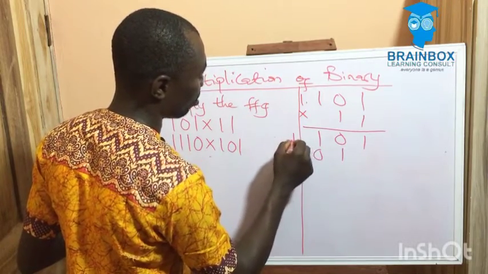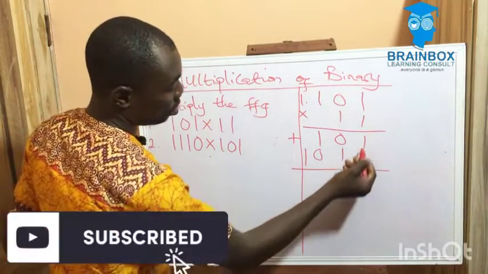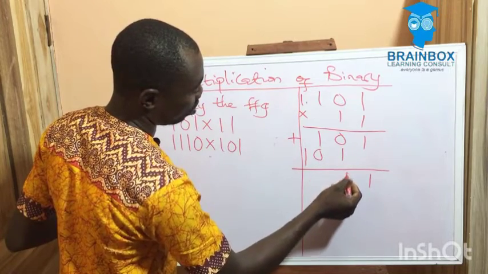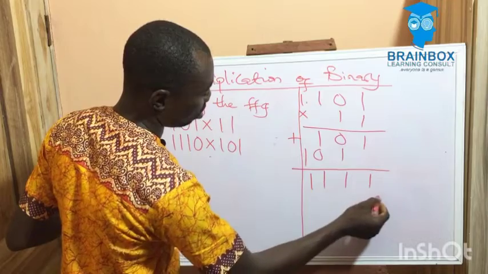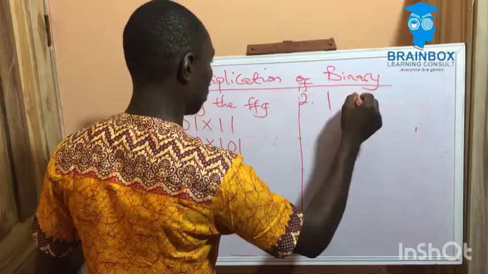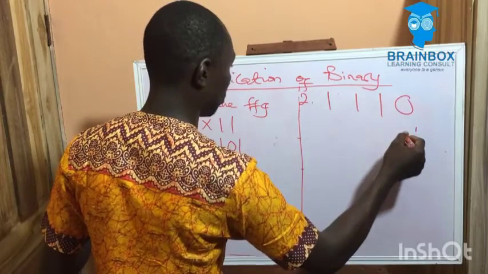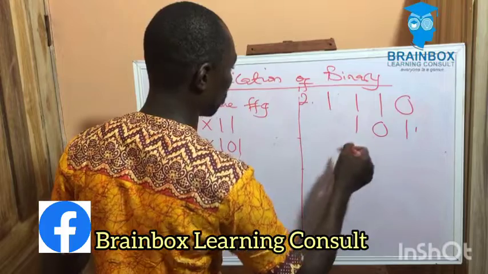So at this stage, we are going to add. So this is 1 here. 0 plus 1, that is 1. This will also give us 1. And this is 1. Simple. 1, 1, 0, 1, 0, 1.